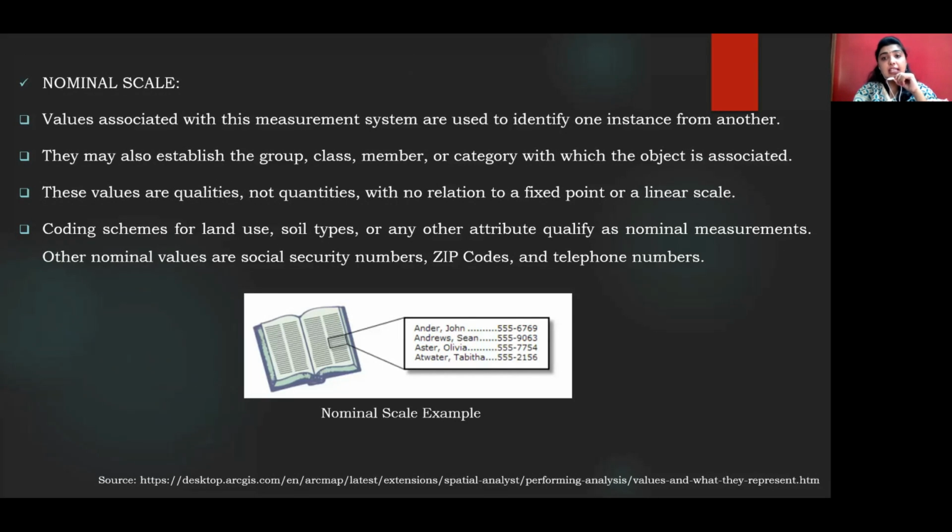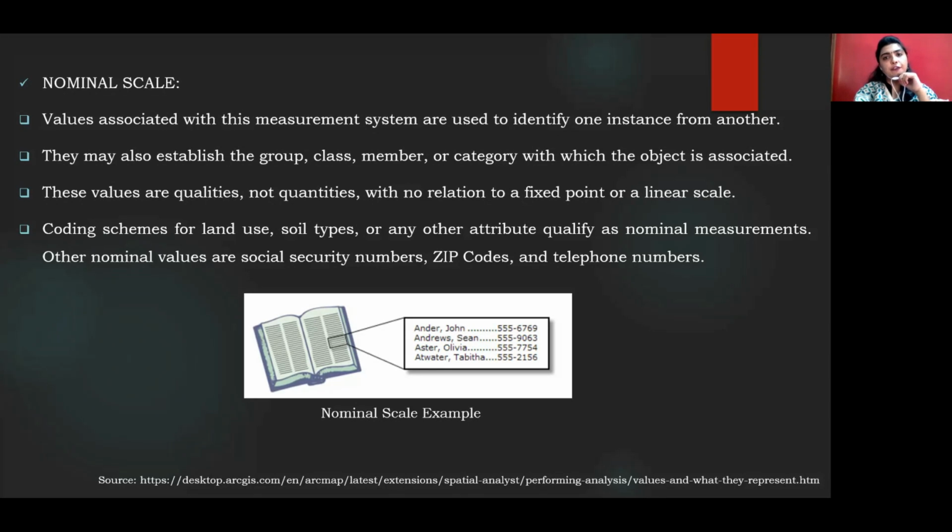The first type of scale that comes in is the nominal scale. The nominal scale is associated with this measurement system, and they are used to identify one instance from the other. They may also establish a kind of group or a class or a number or a category with which the object can be associated.